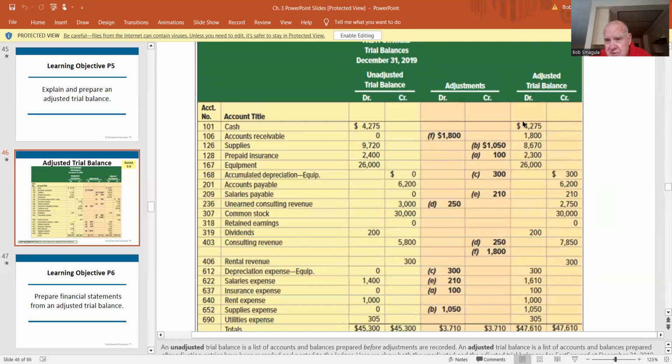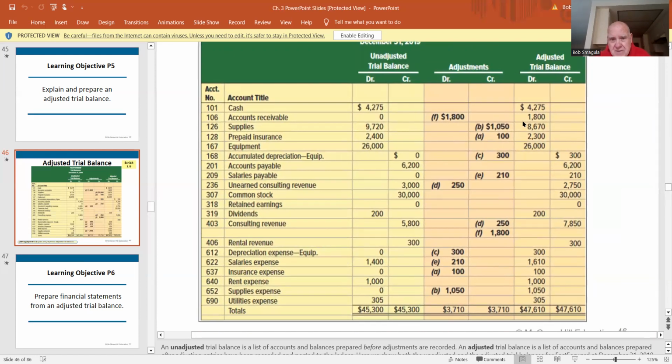There's your adjusted trial balance. Let's look at supplies. You had a balance in supplies of $9,720. Remember that number? And then they counted it and learned they had $8,670 left over.